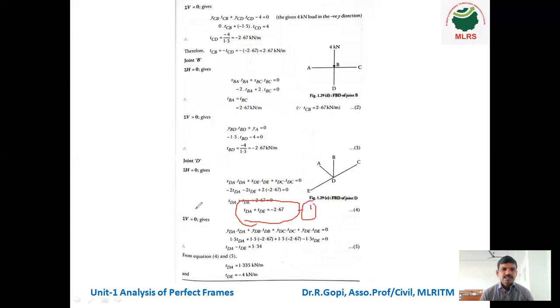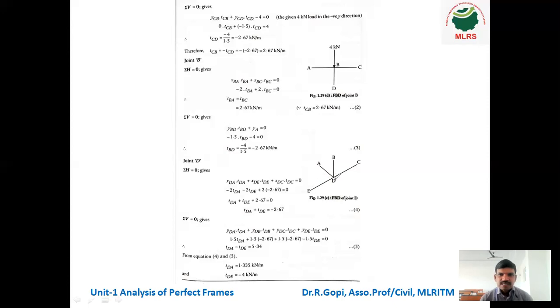Okay. So next, summation of Fy is equal to 0. In summation of Fy equal to 0, all the member forces will come. First, you can see here YDA TDA plus YDB TDB plus YDC TDC, next YDE TDE.